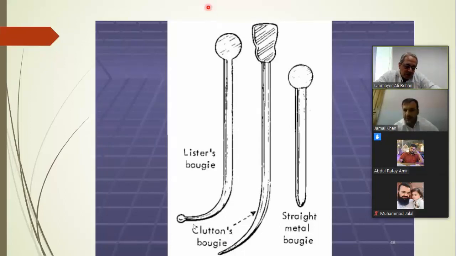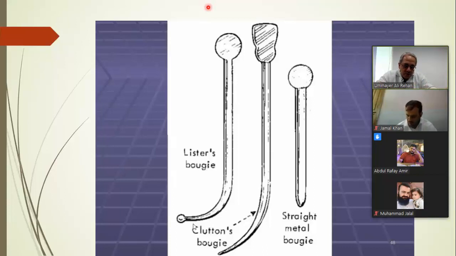So if that is in your mind and you are introducing this metal bougie from the external urethral meatus, then this olive tip should be facing upwards. Upwards means towards the umbilicus of the patient. And when you just enter the pelvic diaphragm, you just lay down the urethra, the penis, parallel to the patient. So there is a two-way movement.